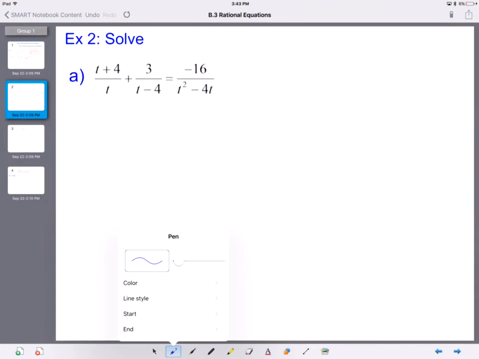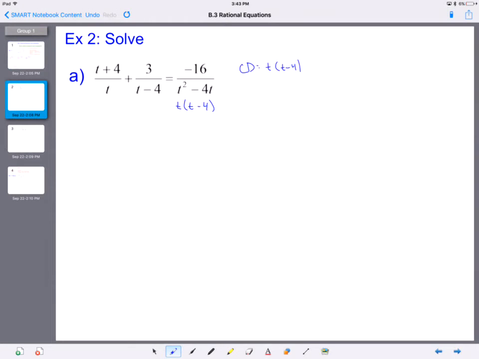Alright, so on this one, first step is to factor the denominator. Kind of the same thing as the first one. You factored the t squared to t minus 4 times t. And now everything in terms of your common denominator, you have t times t minus 4.